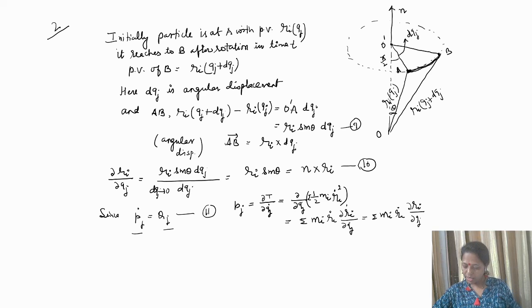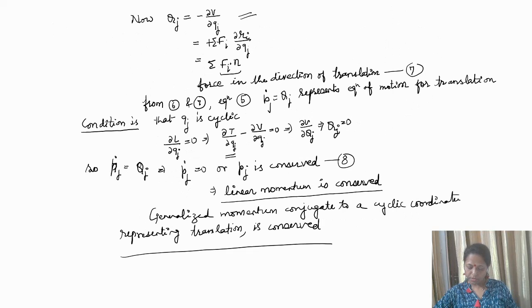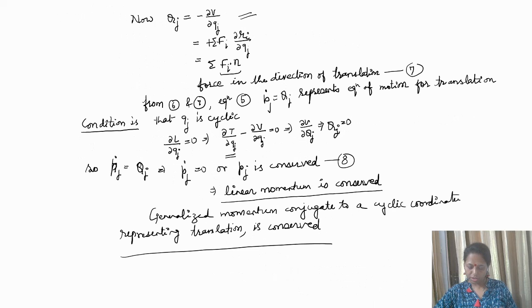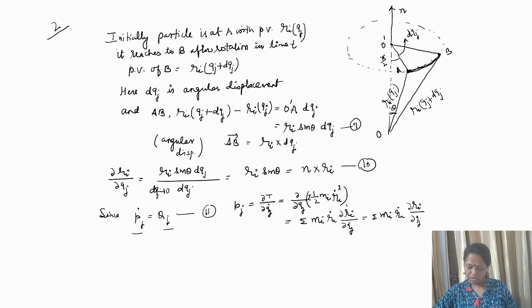What is this delta Ri delta Qj? This delta Ri delta Qj is shown, yes, as n cross Ri.